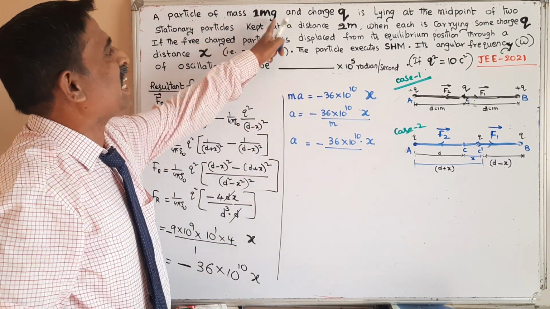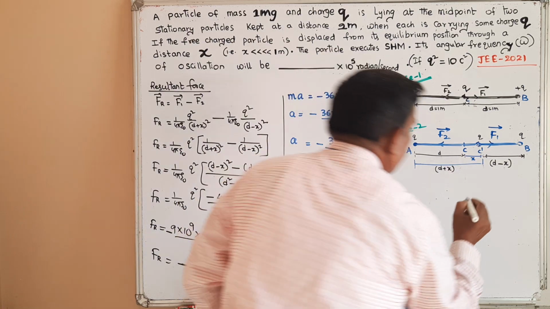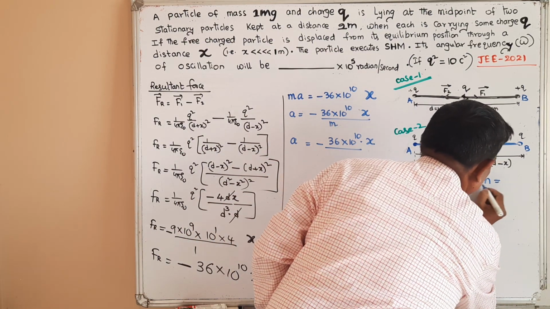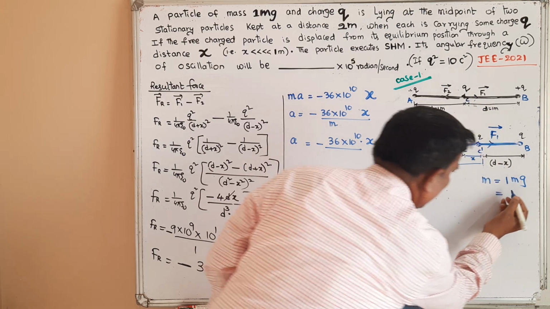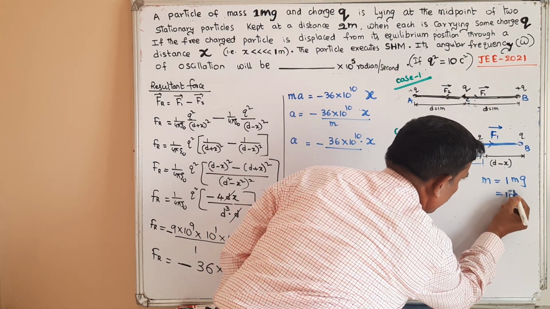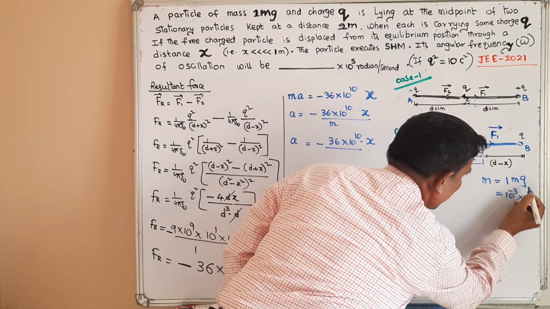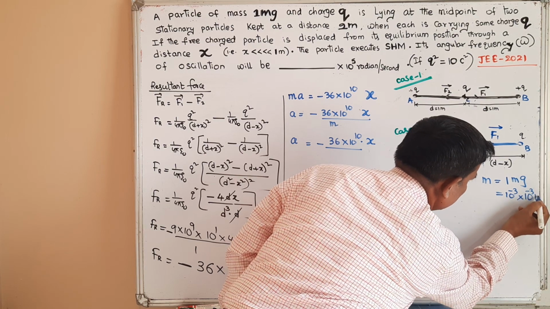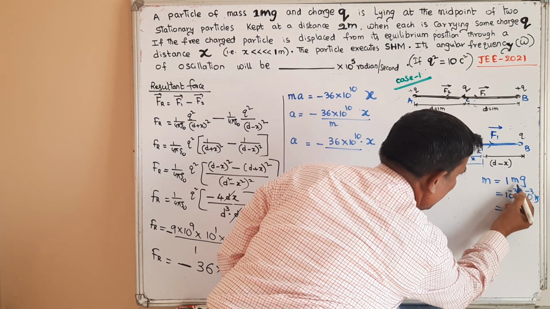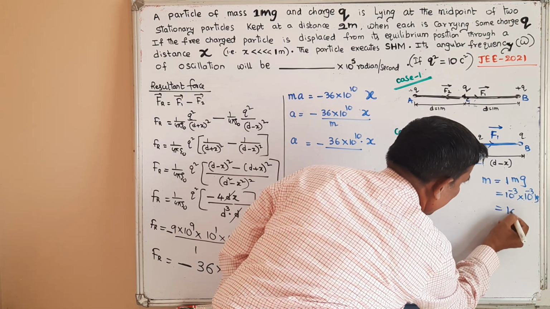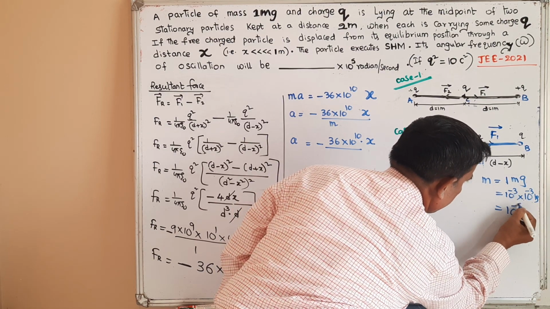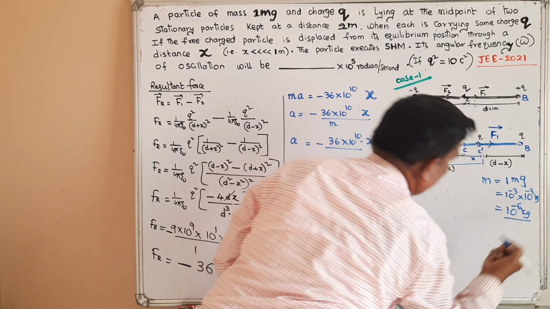The mass of the particle is 1 milligram. 1 milli means 10 power minus 3, and 1 gram means 10 power minus 3 kg, so 1 milligram is 10 power minus 6 kg.